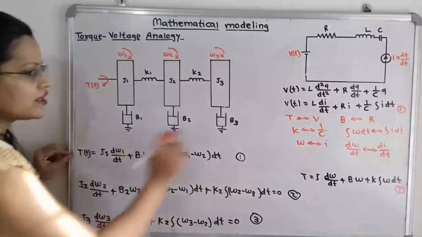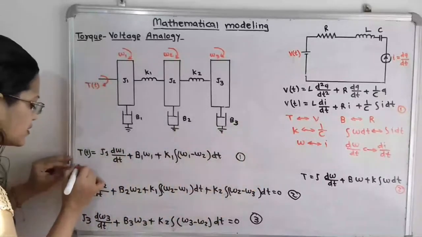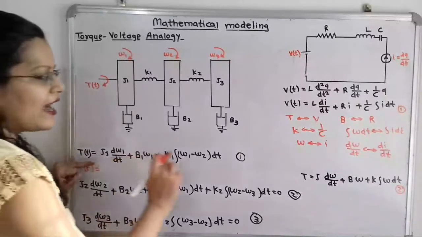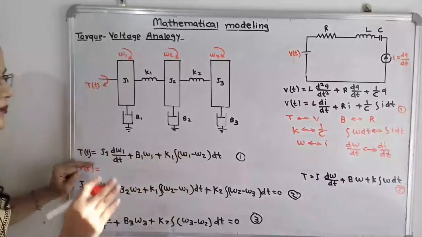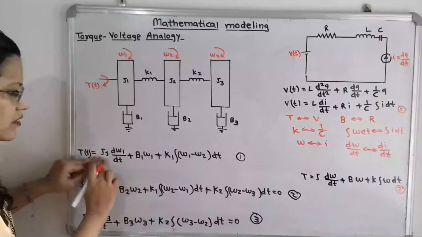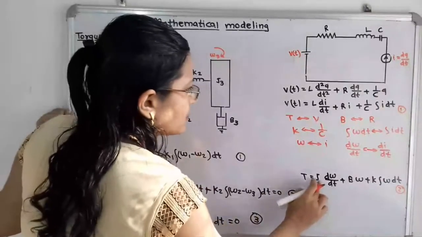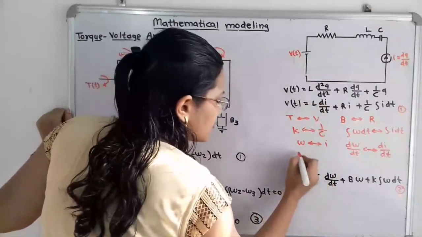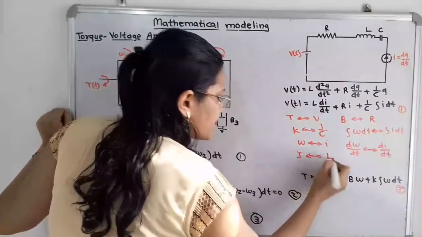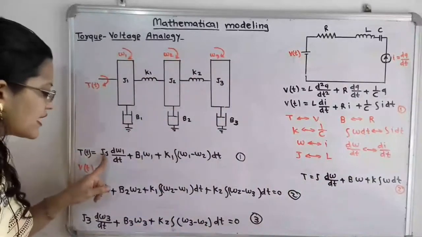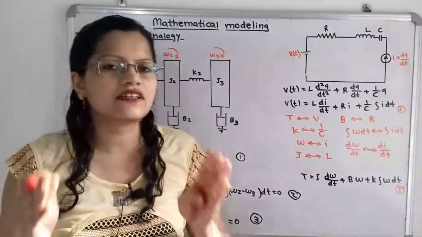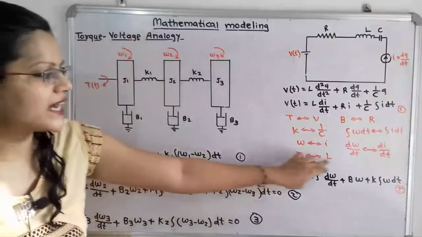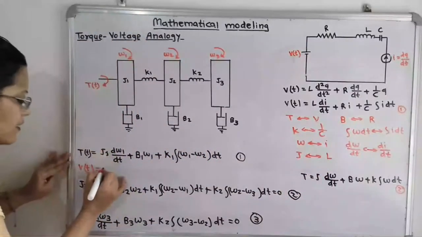For this torque I will write V, that is V of t, is equal to, for this J1 I have to consider, J is analogous with L. Now for this J1, we have to consider the suffix 1 and 2. So for J1 I will write L1.